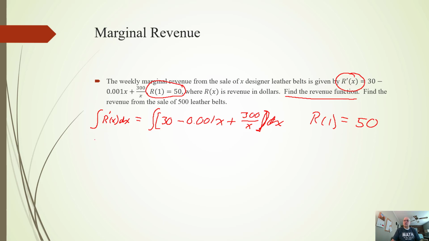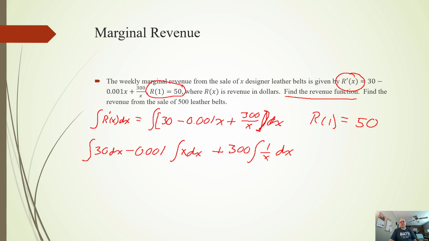So, what's our integral look like? Well, first of all, we can split this up. 30 dx minus, and we can bring this 1,000th out front. That'll make this a lot easier, right? Plus, I'm going to bring this 300 out front too. 300 integral of 1 over x dx.